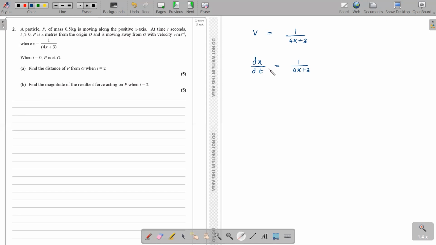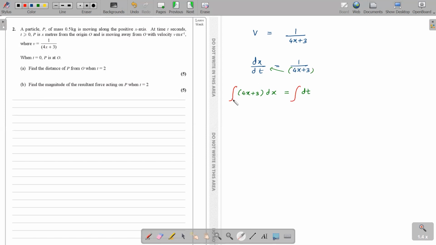For example, I'll take the x terms to the side with dx, and I'll take the t terms to the side with dt. So I have dx here, and the 4x plus 3 comes to the other side. So 4x plus 3 times dx equals 1 times dt. Let's integrate.